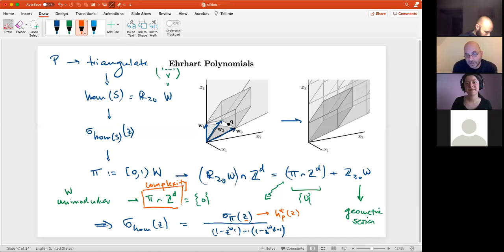But that's where the computational bottleneck is. So this parallelepiped Pi can be large in terms of volume or in terms of integer point count.